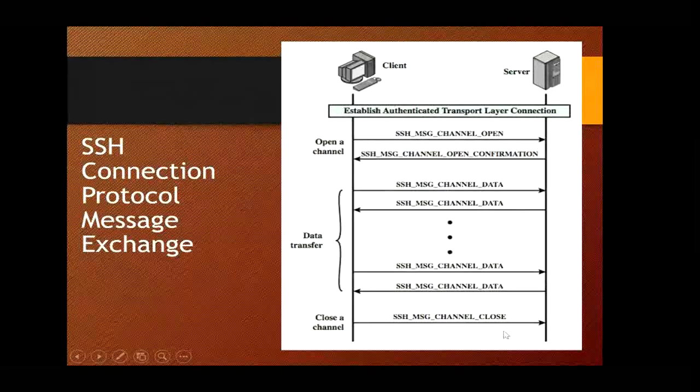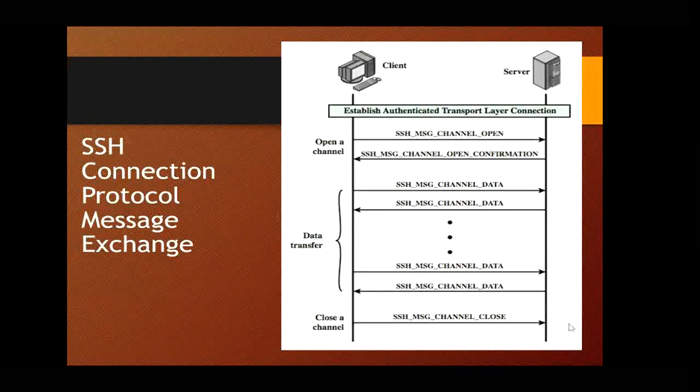After it finishes, if any one of them wishes to close a channel, in this case the client, it will send a channel close message to the server. So these are the three stages involved in the SSH connection protocol message exchange: open a channel, data transfer, and close a channel.